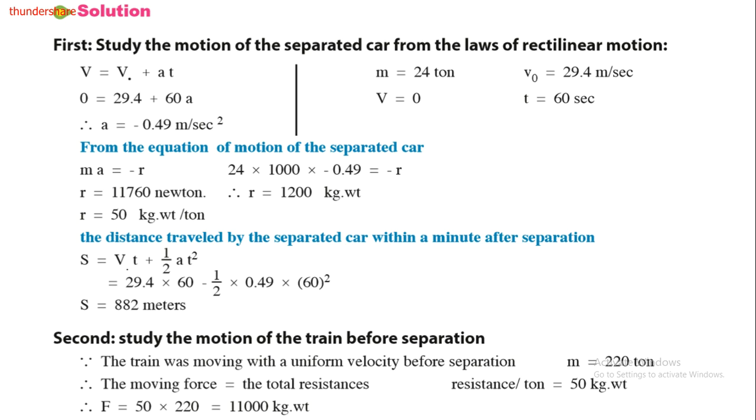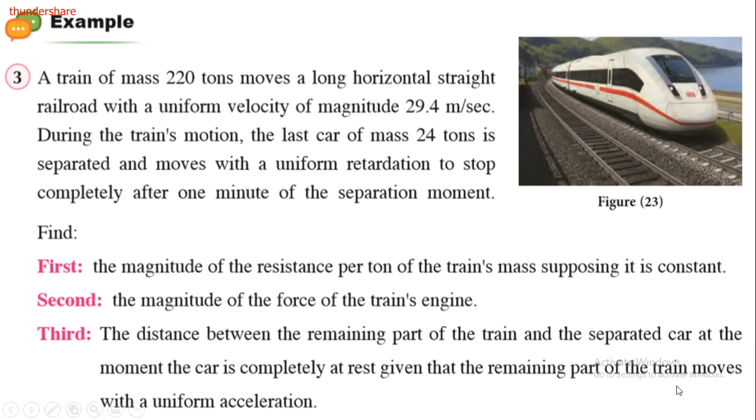From the equation of motion, of course, ma equals negative R. Do you remember? This is the case where the force of the engine is stopped. So ma equals negative R. And please consider that he said the total resistance is the same as the force of the engine, as you will see.